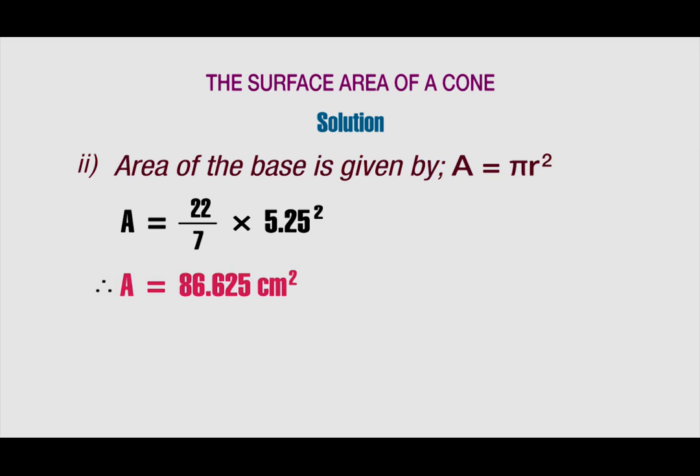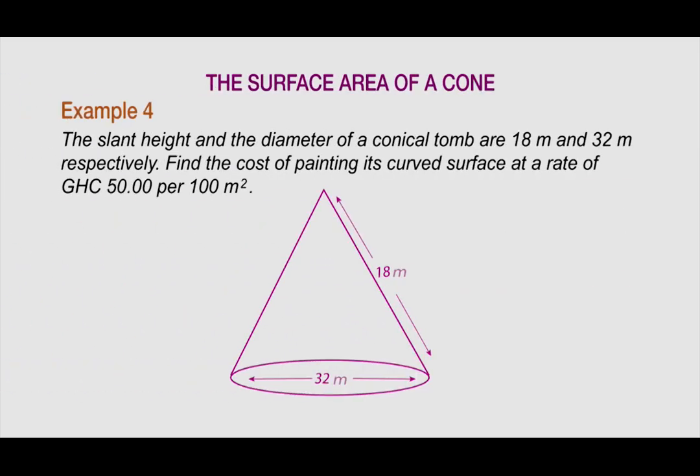I think another example will not be bad. The slant height and the diameter of a conical tomb are 18 meters and 32 meters respectively. Find the cost of painting its curved surface at a rate of 50 cedis per 100 meter squared.